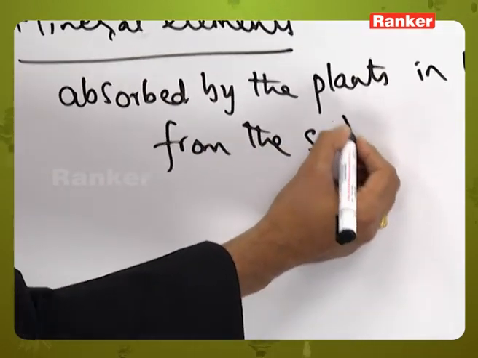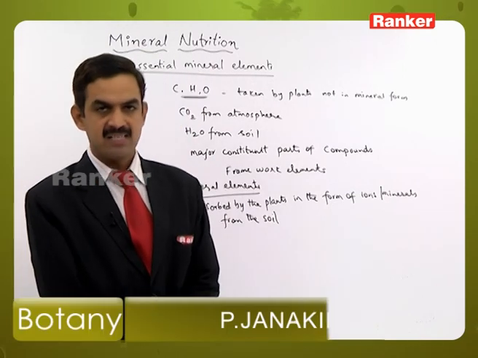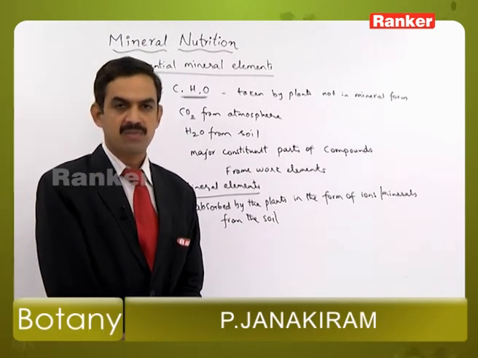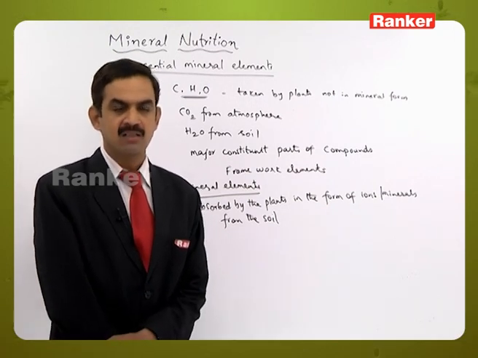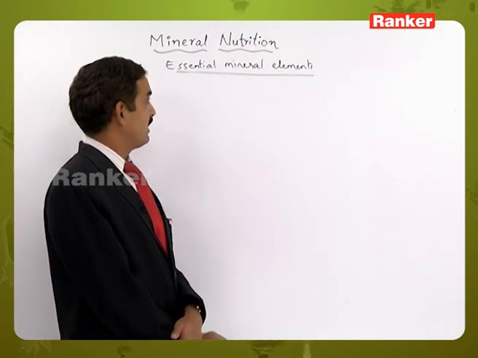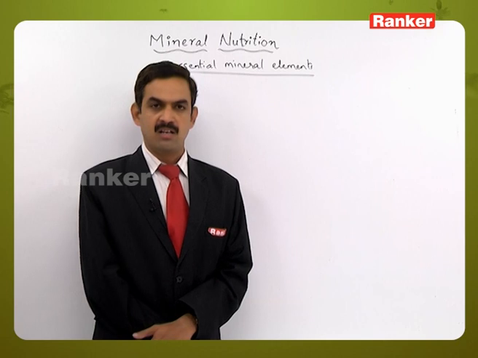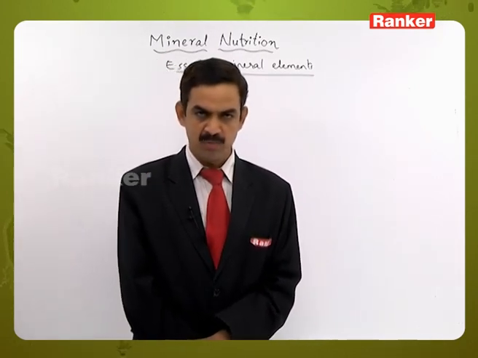So there is a differentiation between the essential elements which are taken from the atmosphere and the others which are taken in the form of ions from the soil. Here mineral elements are the essential elements, and apart from that, non-mineral elements are also present.